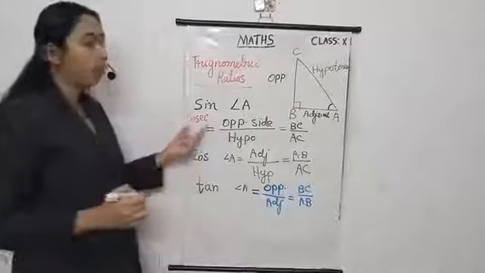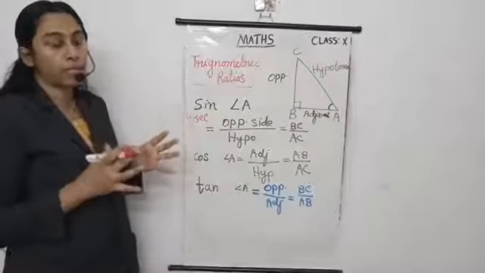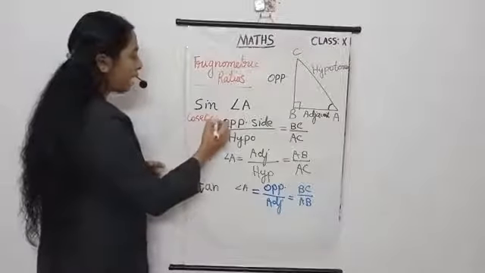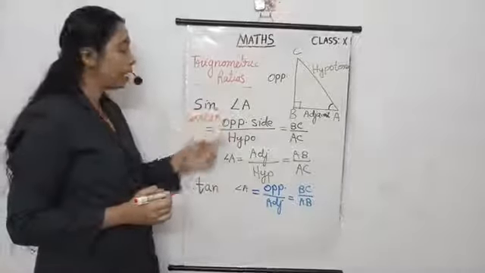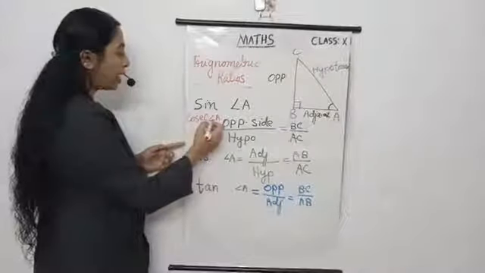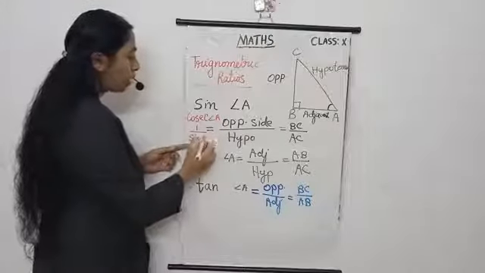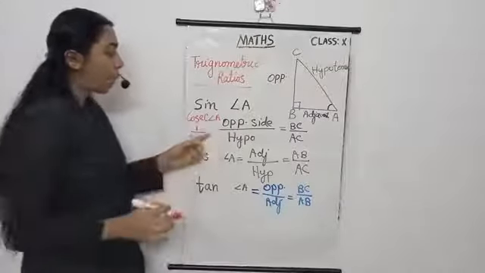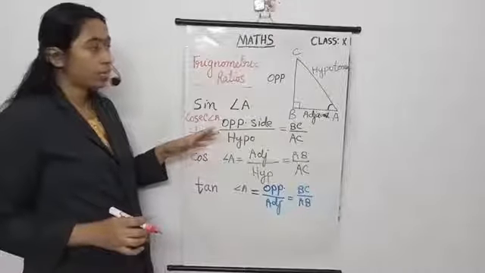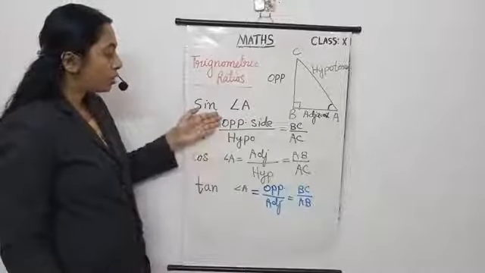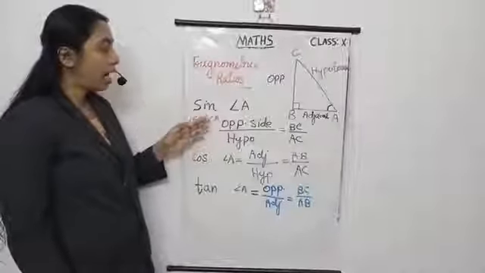We always use the short form cosec. So cosec angle A is the reverse of sin angle A, or cosec angle A is equal to 1 by sin A. 1 by sin A means hypotenuse by opposite side. Understood?